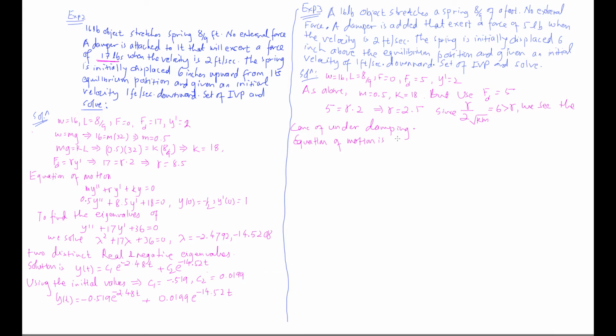If you plug in all those values, you will get y double prime plus 5y prime plus 36y equals 0, right?